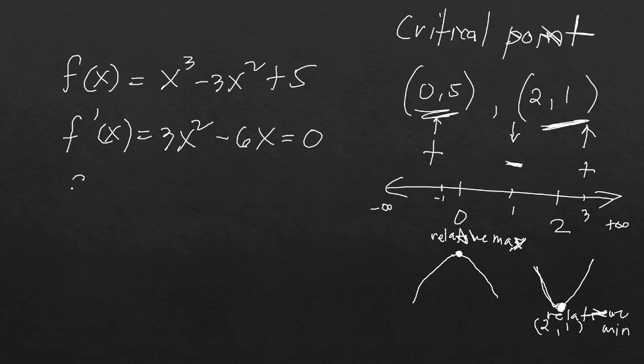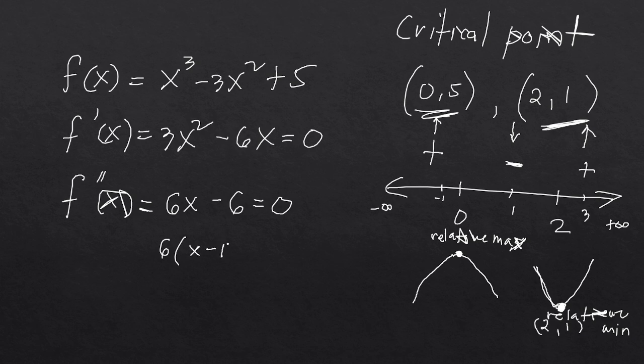So the derivative of f prime of x becomes 6x minus 6. Then all you have to do is equate it to 0, the same process we did in finding the critical value. So it becomes 6x minus 6 equals 0, or x is equal to 1.